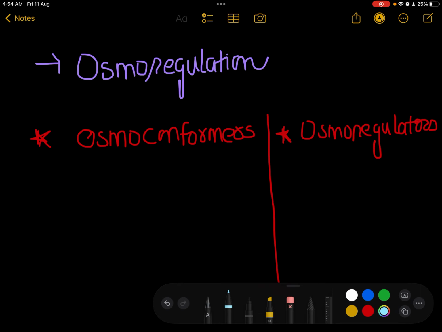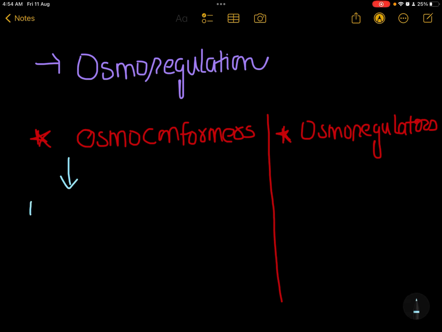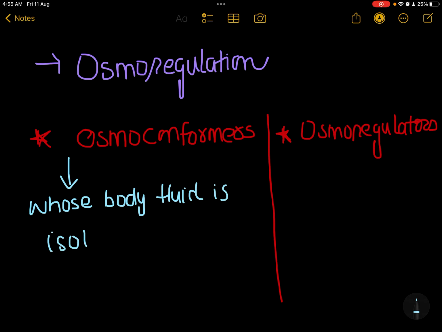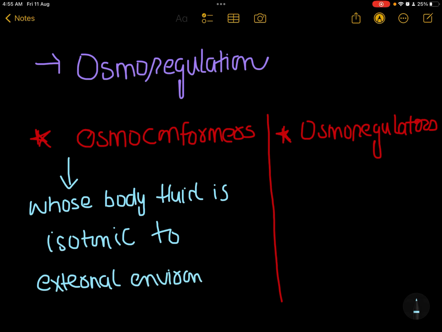Osmoconformers are the organisms whose body fluid is isotonic to their external environment.